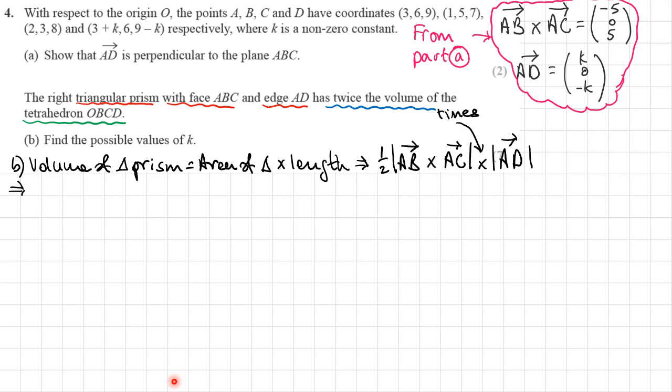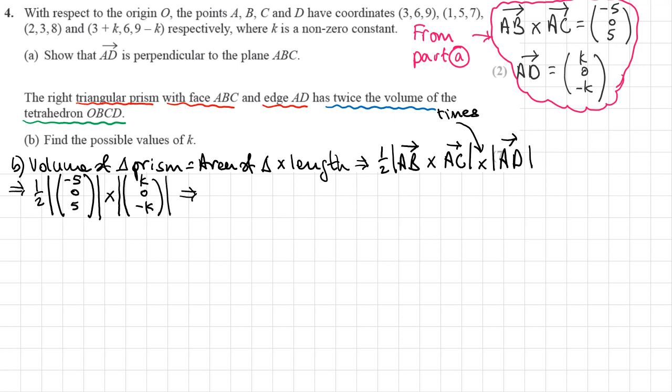So if we work through this, we're going to have half, and then the modulus, the size of this cross product AB cross AC. Now we've already worked that out. That's negative 5, 0, 5. Then times by its length, that's the modulus of the vector we have already, AD, k, 0, negative k.